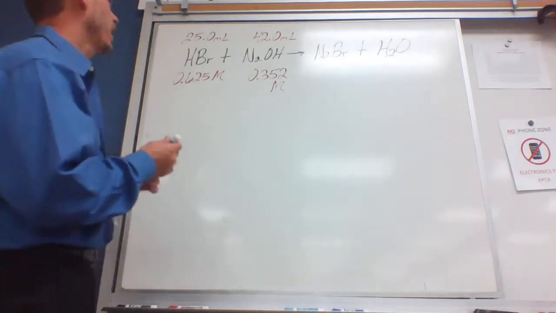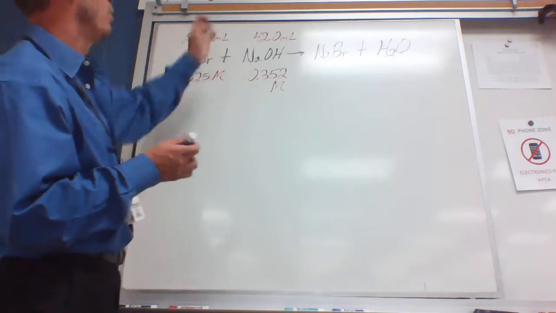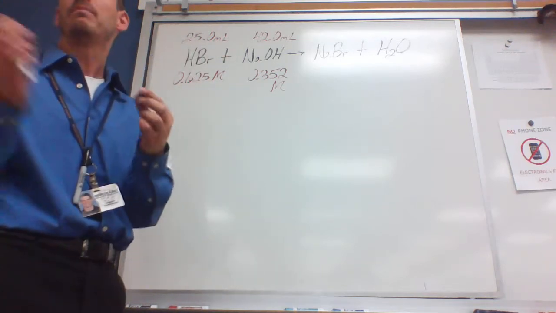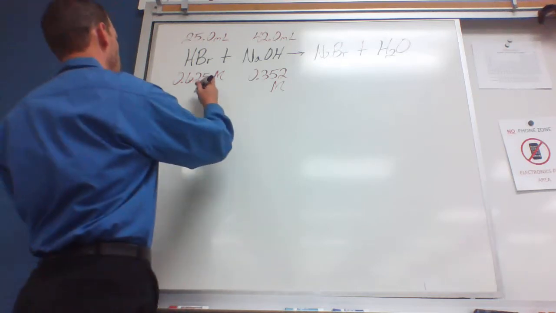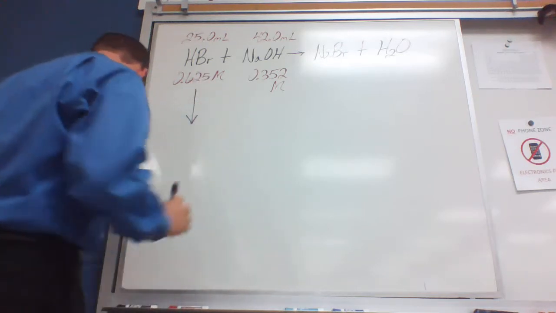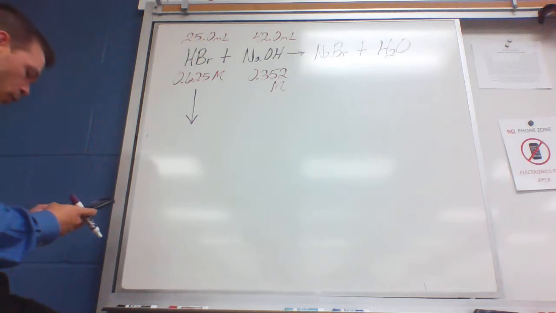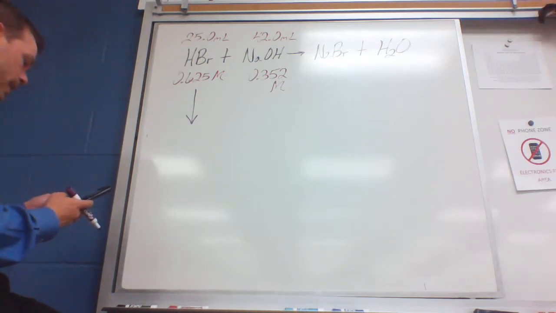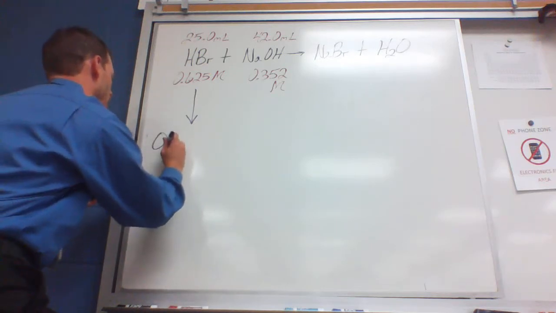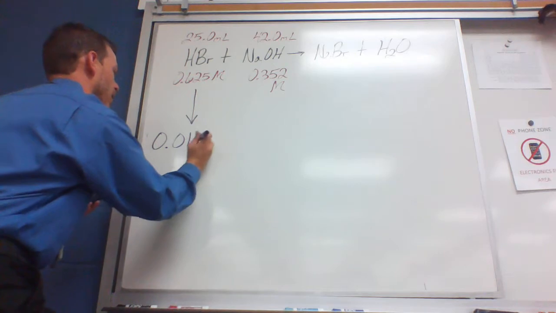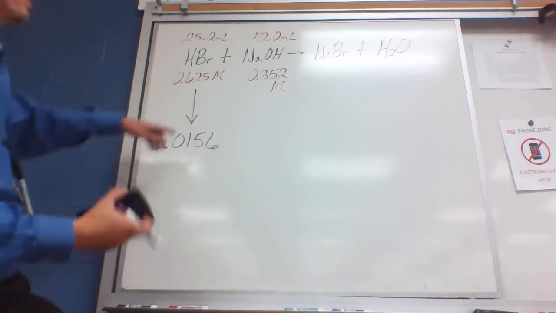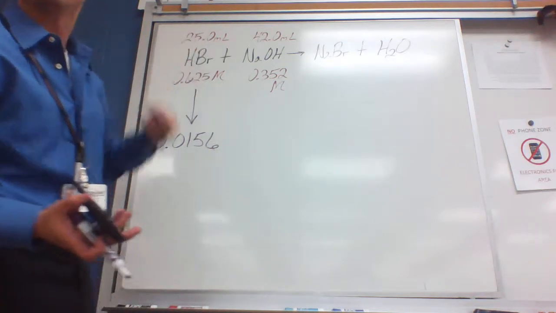So let's take a look at what we would do here. All right, well, we don't have moles of anything, but we know how to find that. It's some simple multiplication. So let's multiply these together to get moles of base. So 0.025 times 0.625 to 3 sig figs is going to be 0.0156. To find moles, we always go molarity times liters.